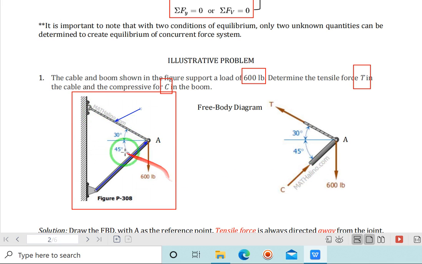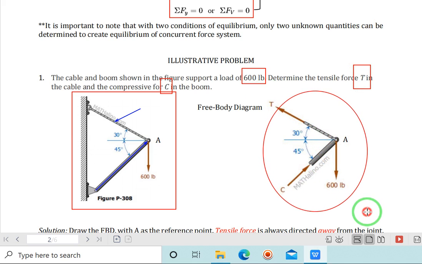To further simplify the problem, you need to draw the free body diagram. So you have your 600 pound force downward, your compression force, and your tensile force for the cable.